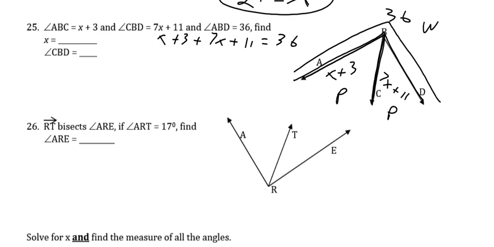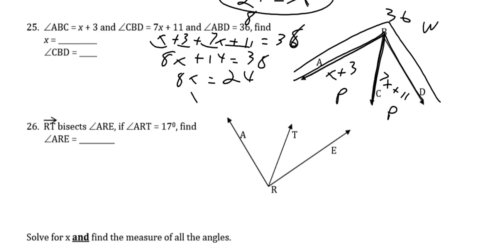Oh, I'm sorry. I told you in class to change this to 38, so we don't have a fraction, so we're just going to change it to 38 to make life easy. Sorry about that. So I'm going to combine my x's, 8x. Combine my numbers, plus 14, equals 38. Now if I subtract 14, I get 8x equals 24. Divide by 8, x is 3. That's my answer there.